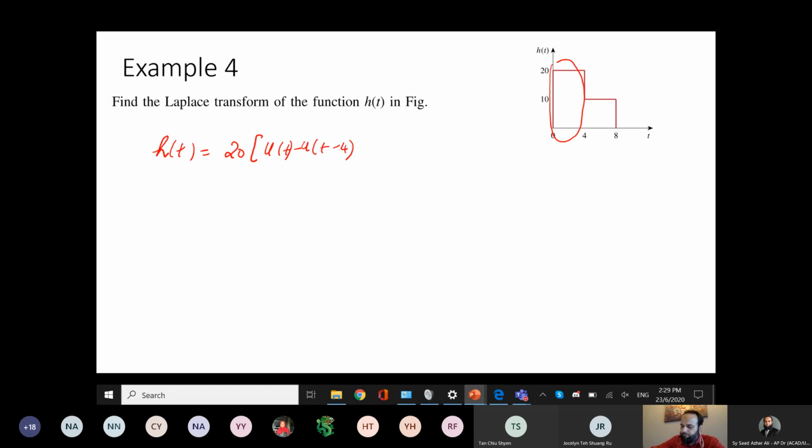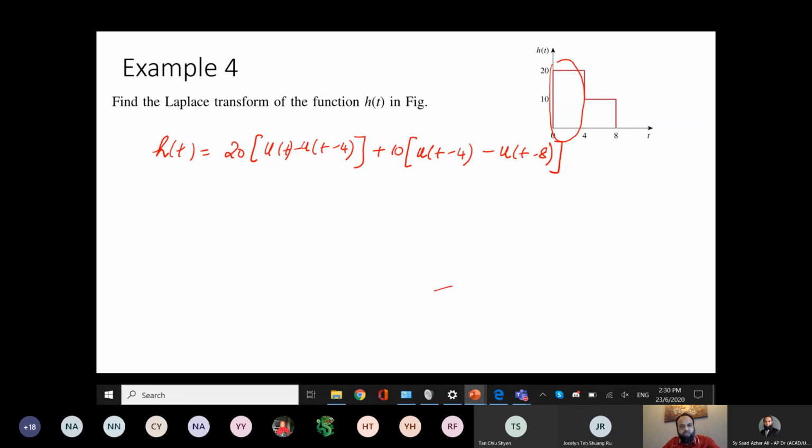Is that okay? Does that make sense? And of course, it's not ending here, plus 10 times u of t minus 4 minus u of t minus 8.